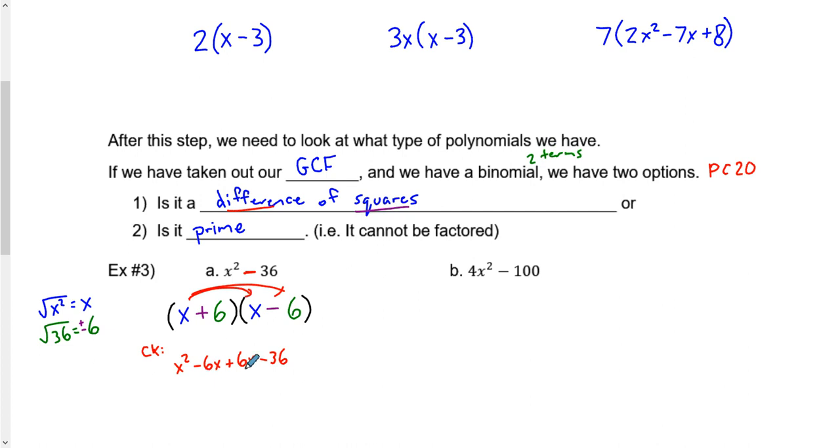A negative 6x and a positive 6x produce 0 x's. We only have x squared, subtract 36, and our question is done. We know that this entire thing has been factored correctly because when we expanded it back out, it gave us right back to our answer.